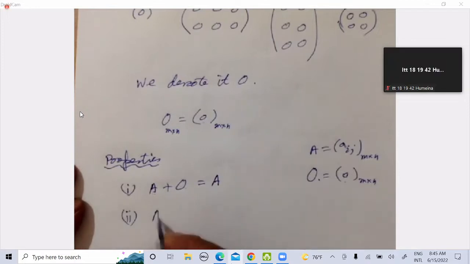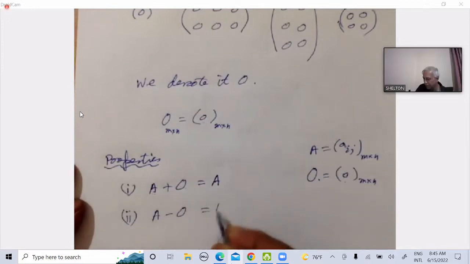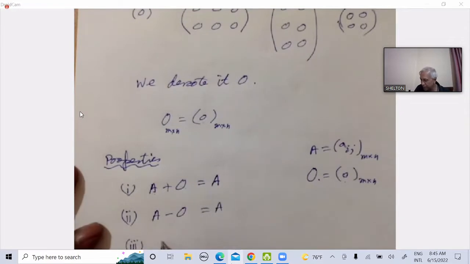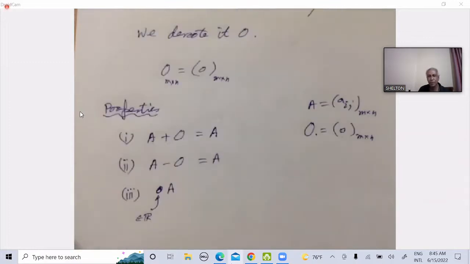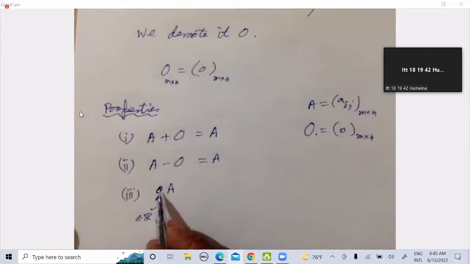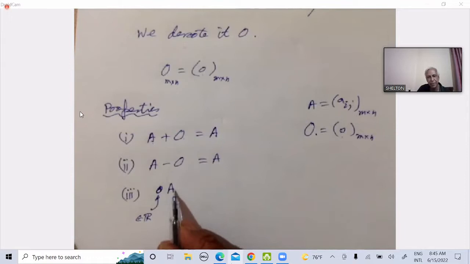Same with minus. A minus O is also equal to A. Third one, 0 times A, where 0 is a number in R. When you multiply, how do you multiply the entries of a matrix by a number?